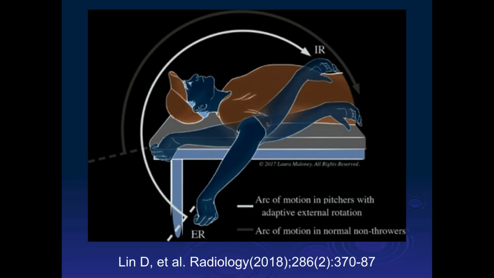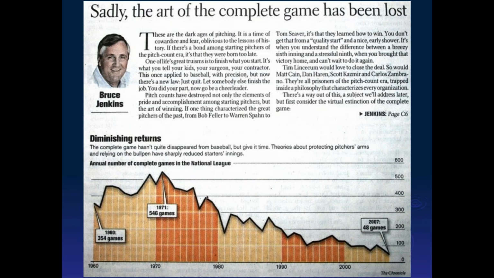Okay. So this just shows that the arc of motion just shifts in pitchers from being normal, like most of us anyway, unless we have any pitchers in with us, to much more hyper posteriorly rotated. And I was actually in San Francisco for a meeting 15 or 20 years ago, and I started reading the sports pages of the local paper, and I came to this article, which made me a little bit upset.